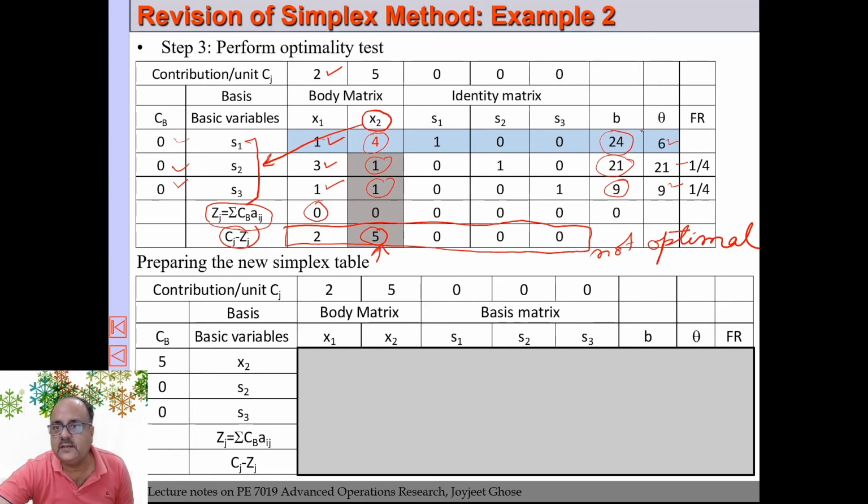So among all the values of theta here, whichever is the least will be the exiting variable or the pivot row. So s1 will be the exiting variable, and this will be my pivot row.